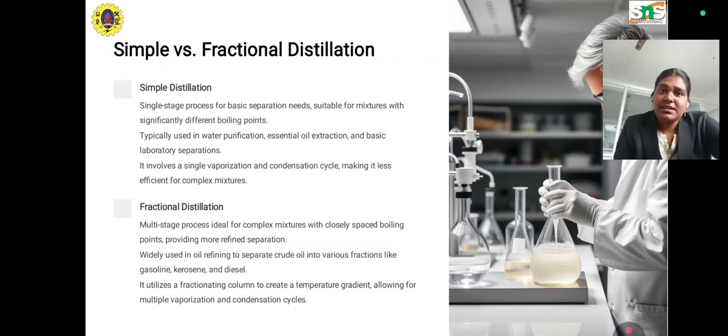Simple distillation is typically used in water purification and essential oil extraction, while fractional distillation is used to separate crude oil into various fractions like gasoline, kerosene and diesel. Simple distillation involves a single vaporization and condensation cycle, while fractional distillation utilizes a fractionating column to create a temperature gradient, allowing multiple vaporization and condensation cycles.